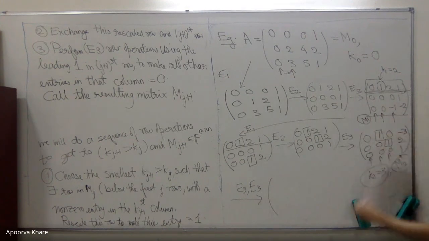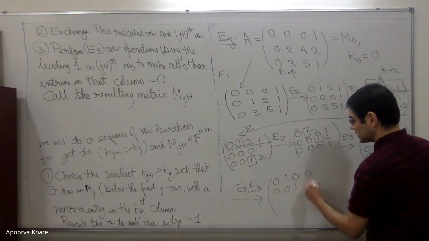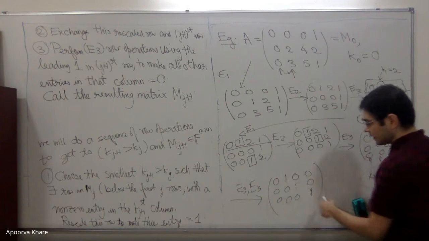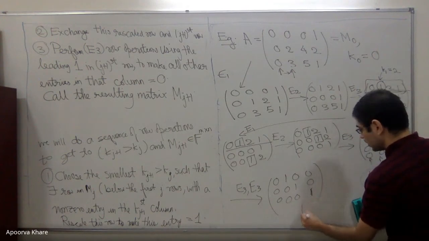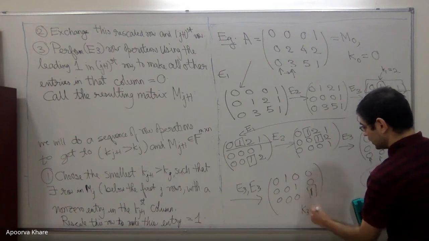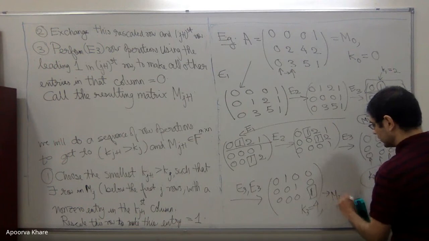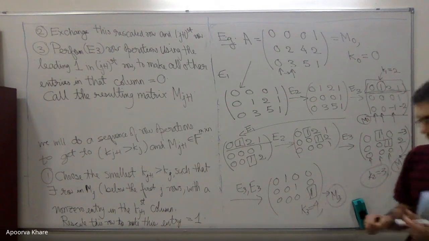These just become 0. And so we have exactly 0, 1, 0, 0, 0, 0, 1, 0, 0, 0, 0, 1. And guess what? This matrix is exactly in row reduced echelon form. My K3 is 4, the column number of this leading one, and of course, this matrix is M3. Okay. And you stop here.